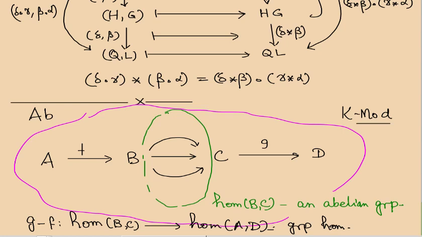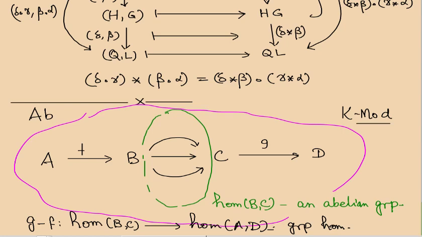So you see, I am trying to give an idea of enrichment, which I will make formal much later. We can try to see enrichment as these just not being sets, but having some more structure, and the composition turns out to be a morphism of that structure.